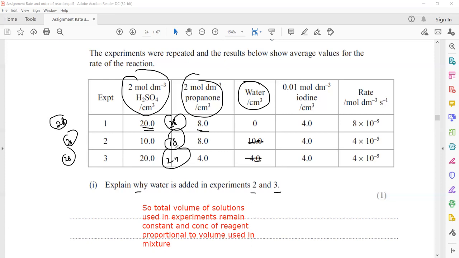If they have different volumes, we cannot identify the actual effect of the change in concentration on the rate. So we make the total volume the same. When the total volume is the same for each experiment, the one with the greater volume in the mixture has the greater concentration. Like here we have 10, 20, so this solution will have a higher concentration than experiment 2.